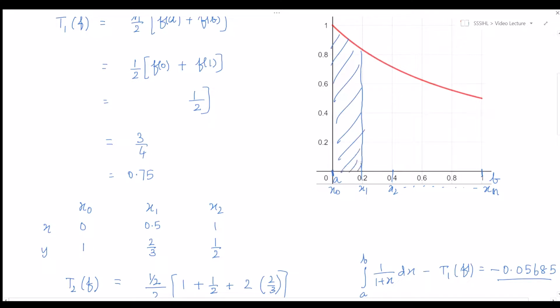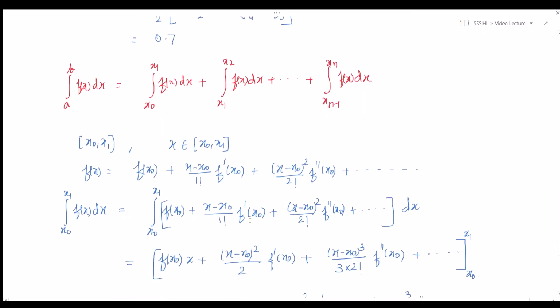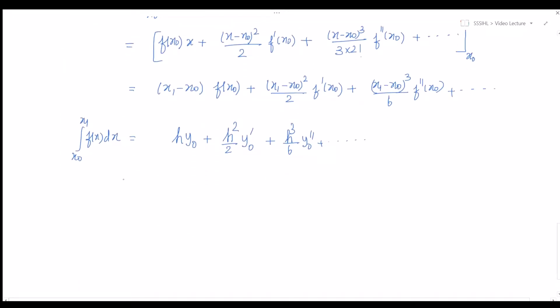So by the trapezoidal rule this can be approximated to, let us call this equation 1.